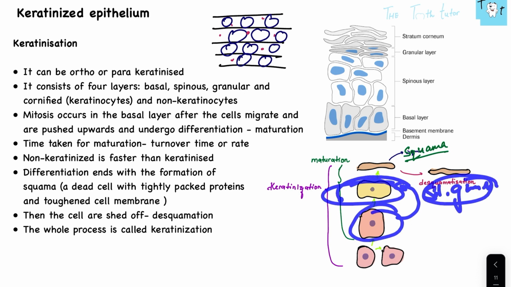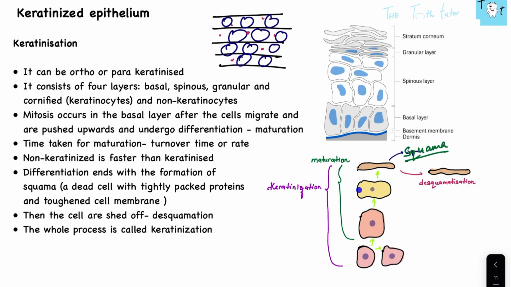Again some biochemical changes will happen, and ultimately it will become a part of the stratum corneum, the top layer. What will happen in the stratum corneum? The nucleus will die off, the cell organelles will disappear, the cell will basically become dead. The dead cell is called a squama, and then it will be shed off. The shedding off is called desquamation. Okay, this is the entire process of keratinization.